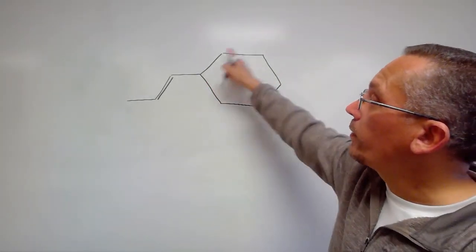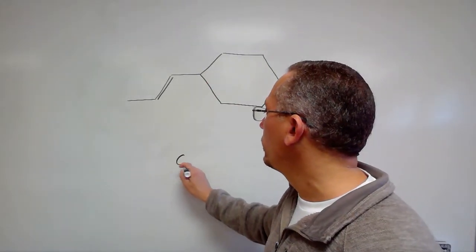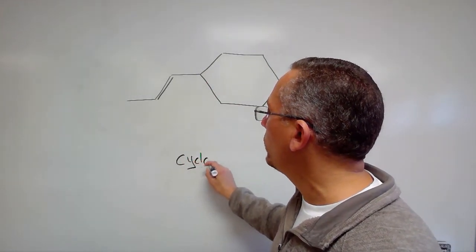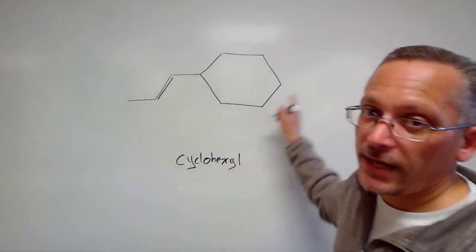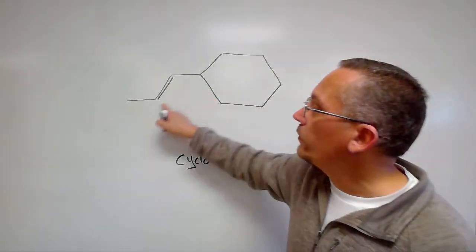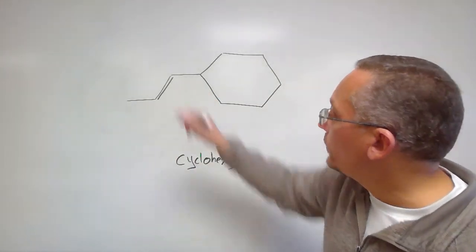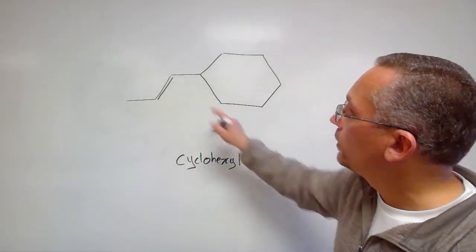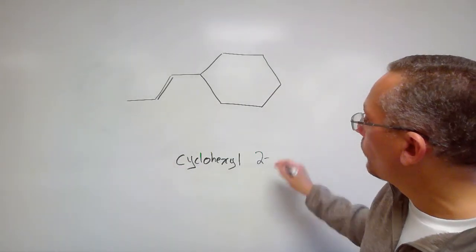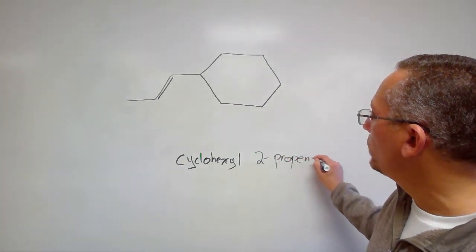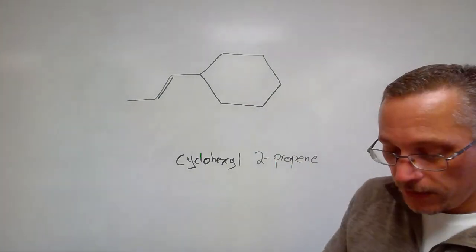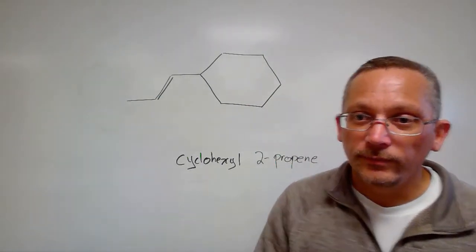So here my branch would be cyclohexyl, because this has to be a branch now. And then I would name that main chain propene, because there is a double bond in the middle there.